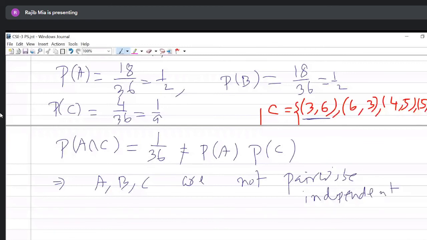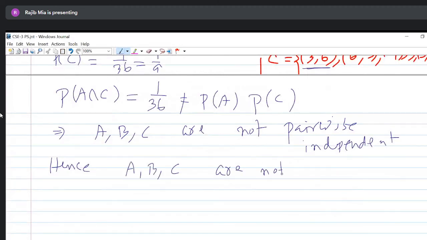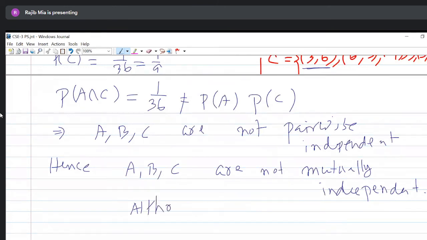Hence you can say that A, B, and C are not mutually independent.